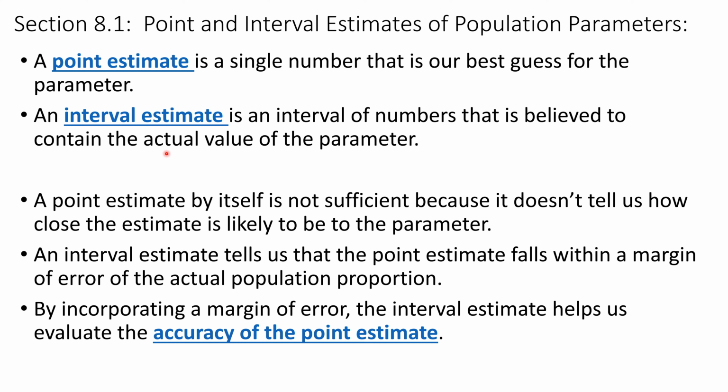A point estimate by itself is not sufficient, because it doesn't tell us how close the estimate is likely to be to the parameter. An interval estimate tells us that the point estimate falls within a margin of error of the actual population proportion. By incorporating a margin of error, the interval estimate helps us evaluate the accuracy of the point estimate.